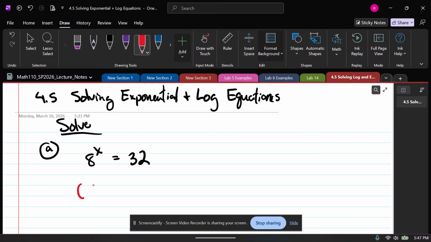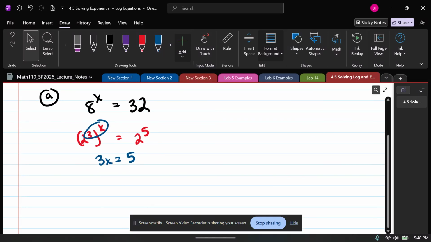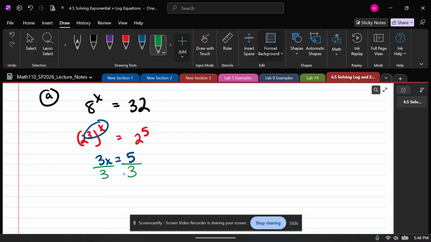And we changed that 8 to a 2 cubed, and that 32 to a 2 to the 5th power. And that gave us 3x equals 5. We dropped the bases off. Remember doing that last week? Okay, so we did problems like that. And then we solved that. We would divide by the 3, and x is going to be 5/3. We found an answer. That's the kind of problems we did last week.